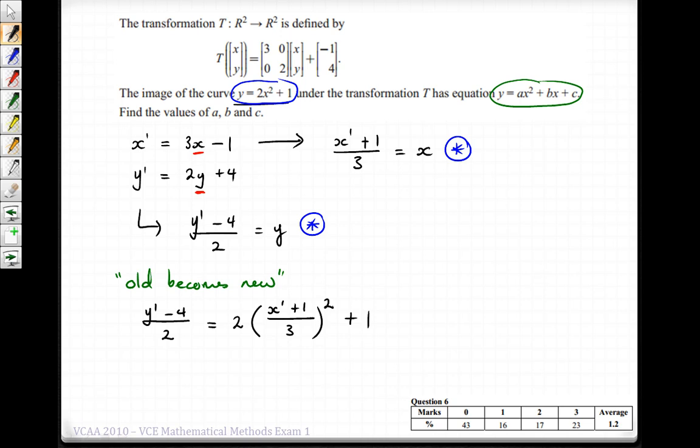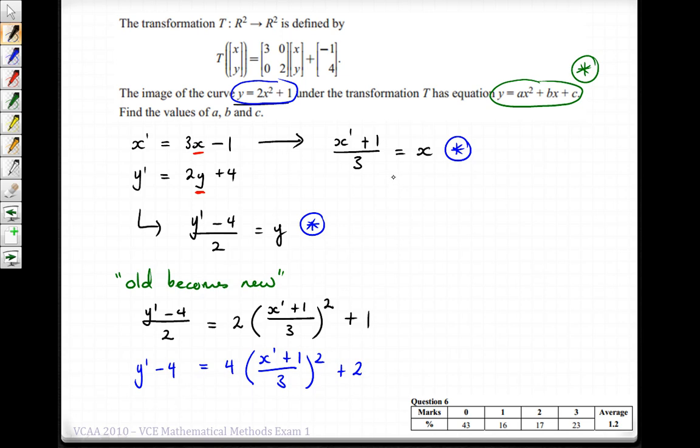Now we've just got to get it into the required form specified up here. To do that, we multiply through by the 2. So we have y prime minus 4 equals 4 times x prime plus 1 on 3 squared, plus 2. And then I'm going to add on the 4.